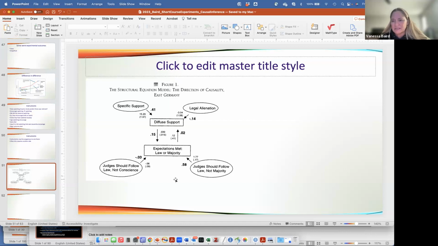Now you can regress them on each other and figure out which one is more likely to cause the other, given all the controls in the model. So anyway, it's kind of a cool thing.